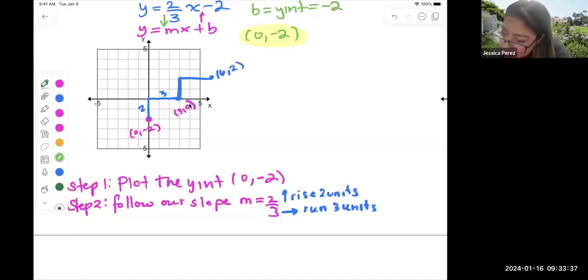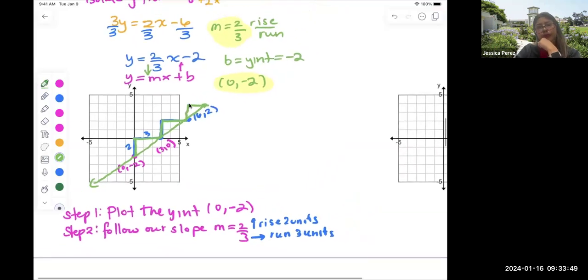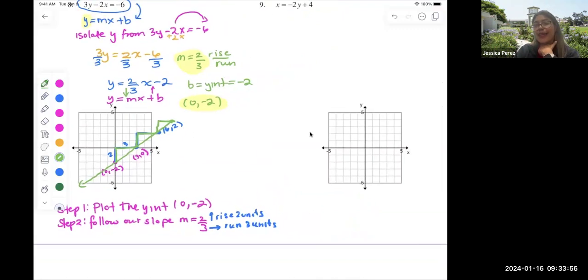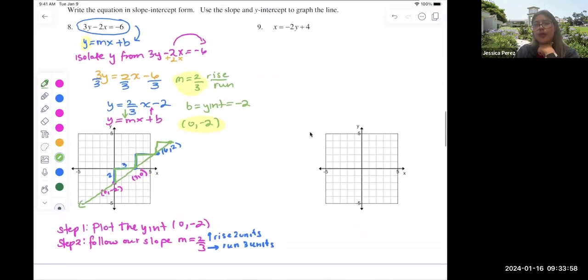And then there's my line. See how I'm following my slope? 2, 3, 2, 3, 2, 3, and so on and so forth. So rise, run, rise, run, rise, and run. It's always going to be that case for this one.